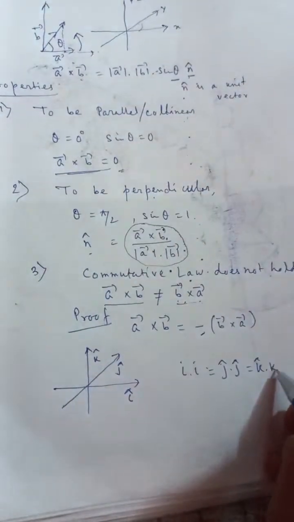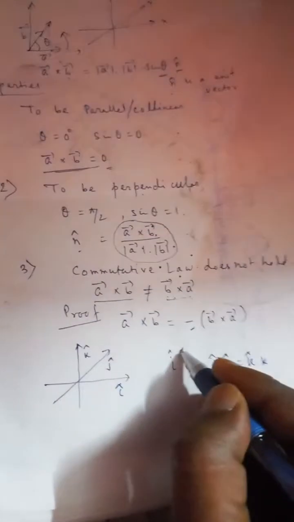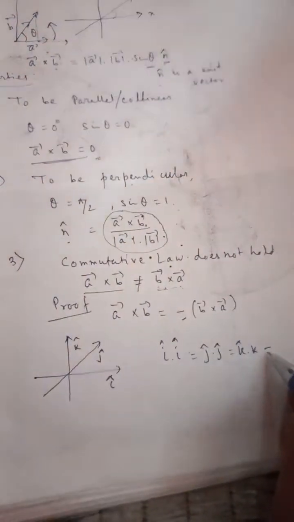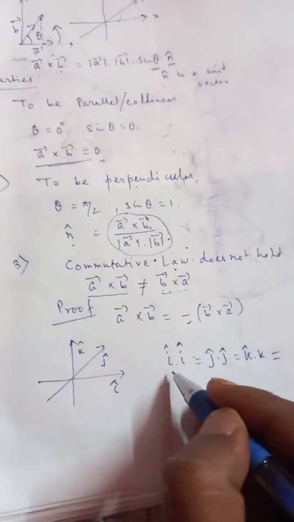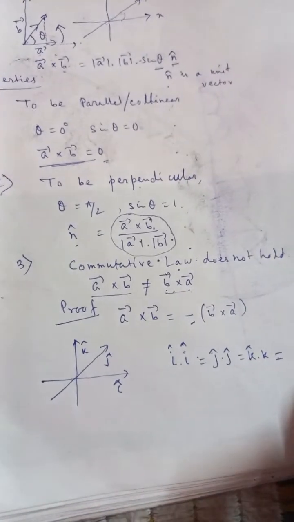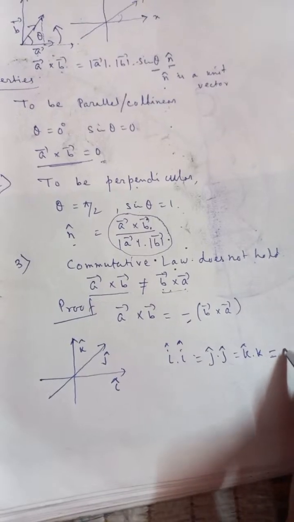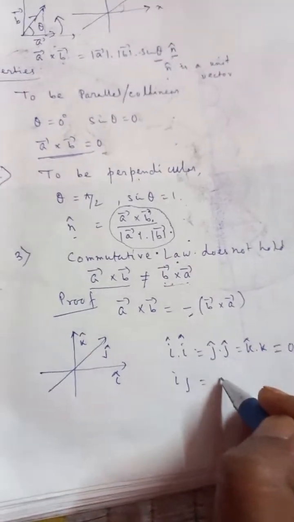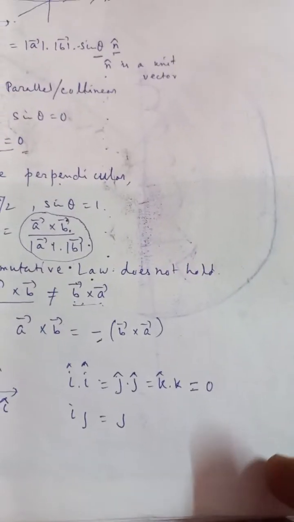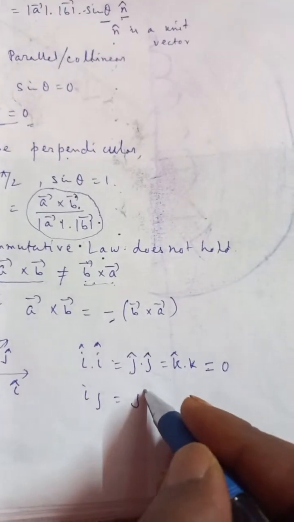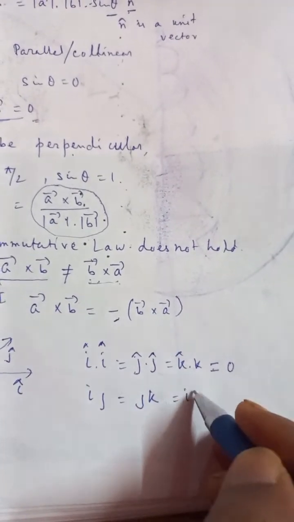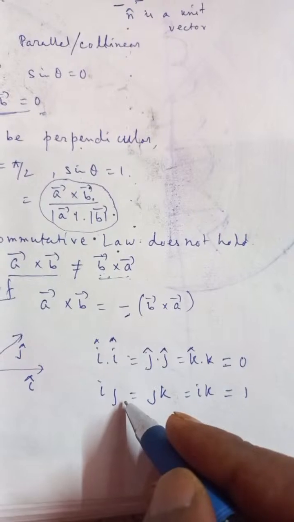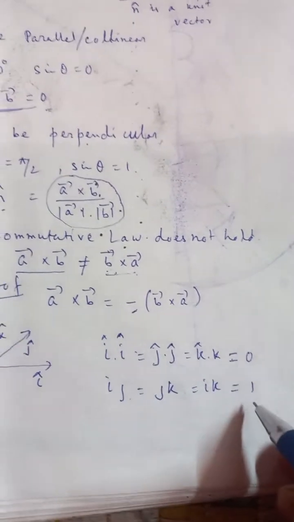Here i cross i, j cross j and k cross k are equal to 0, since theta will be 0. But if we take i cross j or j cross k, they are equal to 1 in magnitude, since theta is equal to pi by 2.